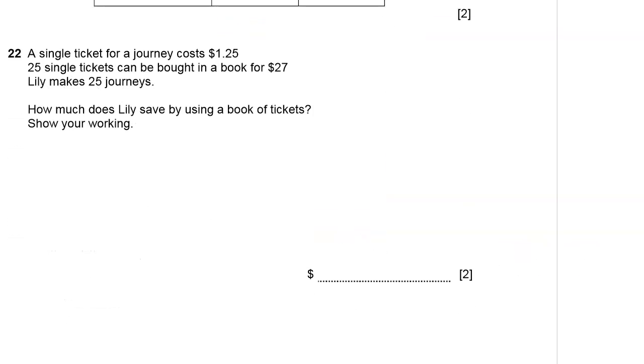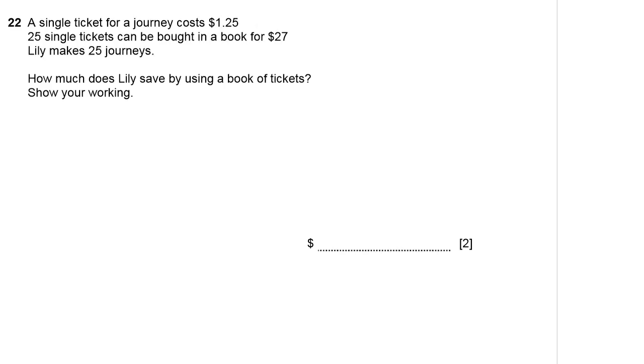Question number 22. A single ticket for a journey costs $1.25. 25 single tickets can be bought in a book for $27. Lily makes 25 journeys. How much does Lily save by using a book of tickets?